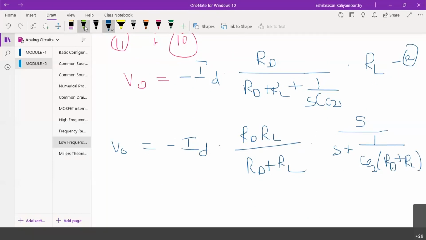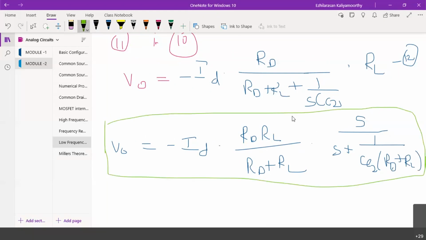This is the expression we'll get once you simplify. Just to simplify, take cross multiplying, then you can bring it like this.